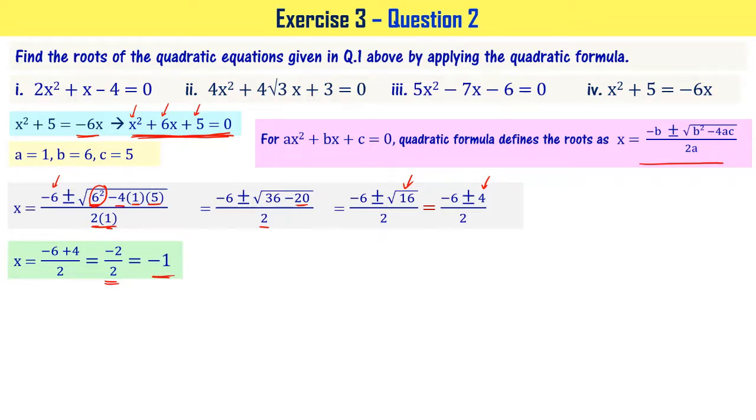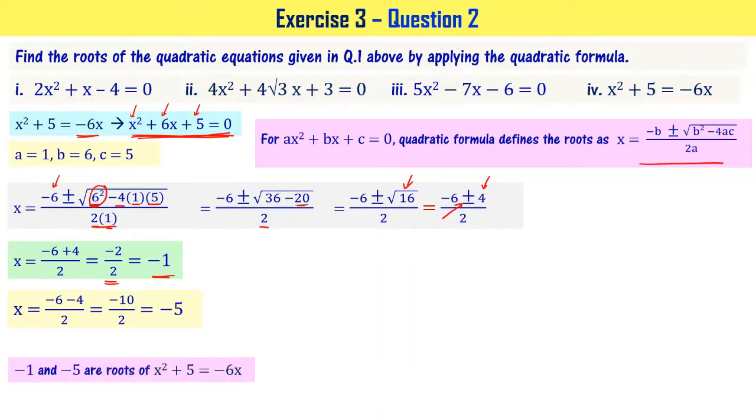The other option is I can take this minus symbol. When you take this minus sign, the x is going to be minus 6 minus 4 divided by 2, that is minus 10 by 2, that is equal to minus 5, right? So to answer the question, minus 1 and minus 5 are the roots of the given equation x square plus 5 equal to minus 6x. Got it?